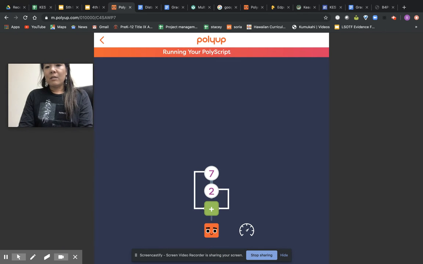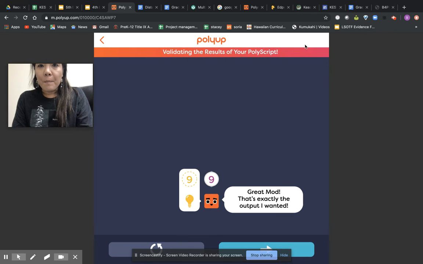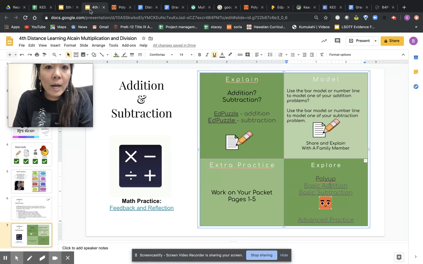And it gets a little tougher along the way. It's a cool app you can play from your computer or your phone. So there's basic addition, basic subtraction, and then there's a more challenging advanced practice for you to try.